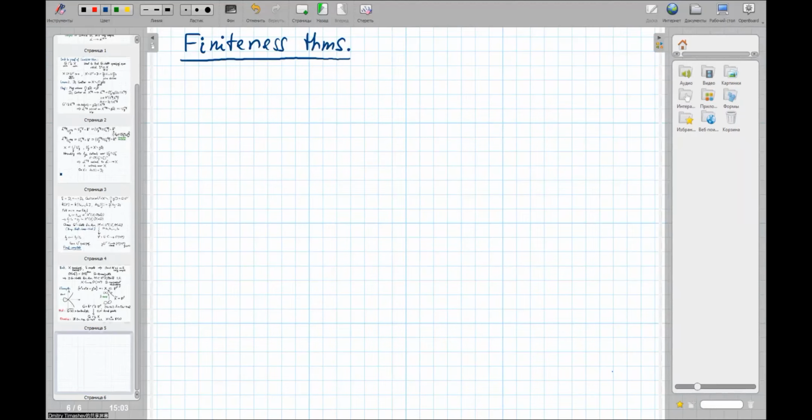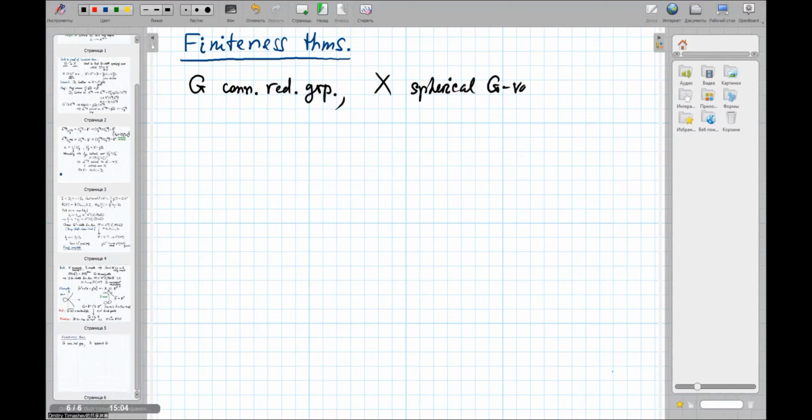So I will restore my notation for spherical varieties. Let now G denote a connected reductive algebraic group, as before, and X be a spherical G variety. Let me remind you that spherical means that a Borel subgroup of G acts on X with an open orbit.